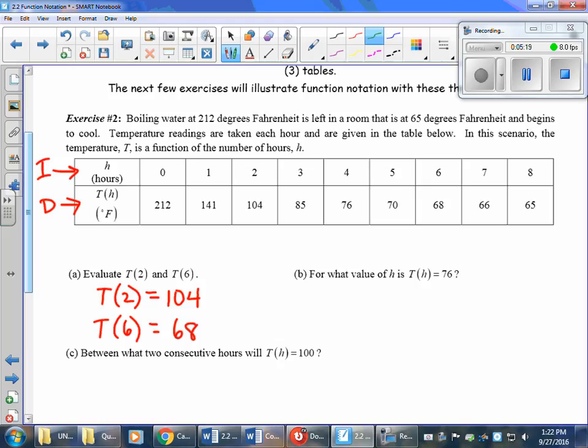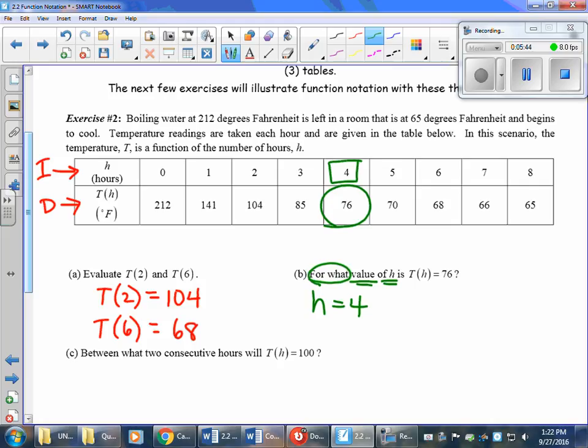So where is T of h equal to 76? And it wants us to find the input. So it wants to find for what value of h is T of h equal to 76? Well, if you look down here, you can see T of h is 76 right here, so obviously h is going to be equal to 4.